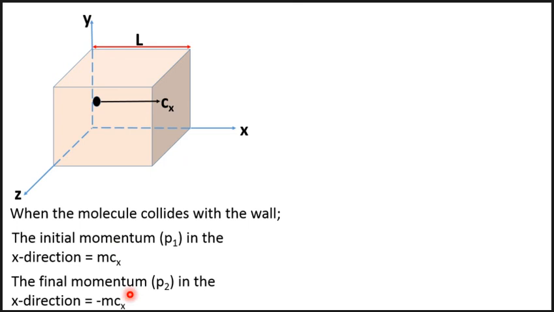the velocity is the same because the molecule covers the same length of the cube. Knowing full well that every cube has equal length, from here to here is the same thing as from here back to where it starts from.